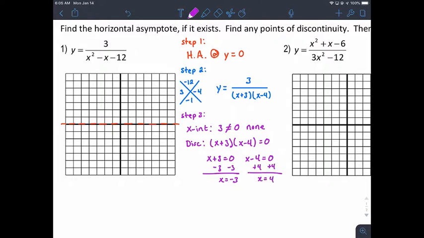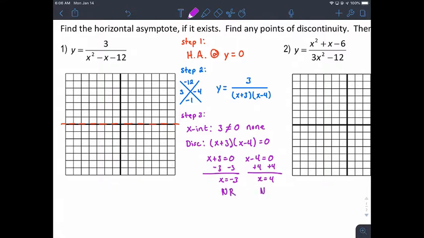All right. We need to figure out if these are going to be removable or non-removable at this point. So we're going to go back up to our factored form of our equation. That's this equation right here. And we're going to look and see if we have any factors in the numerator and the denominator that we can cancel out. As we see here, we can't. There is no factor that is identical in the numerator and denominator, which makes both of these discontinuities non-removable.